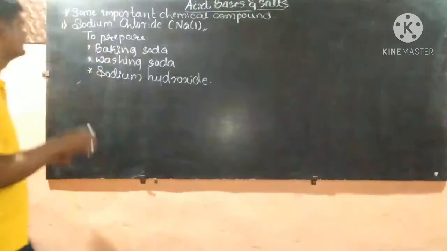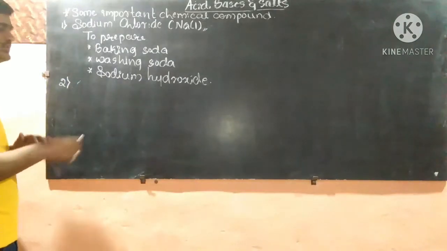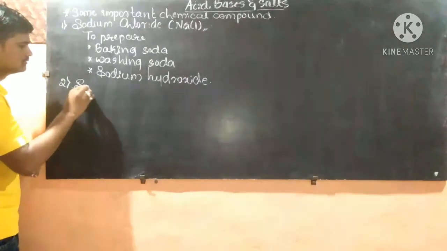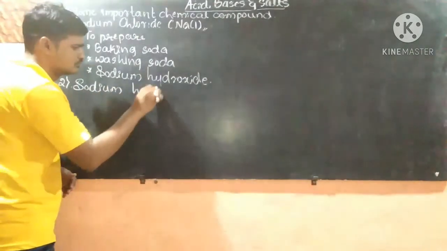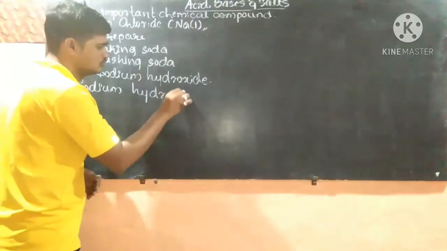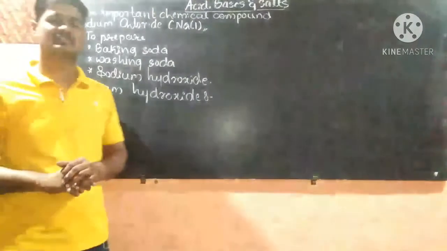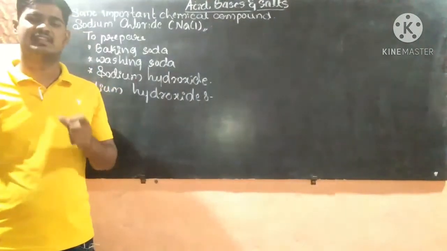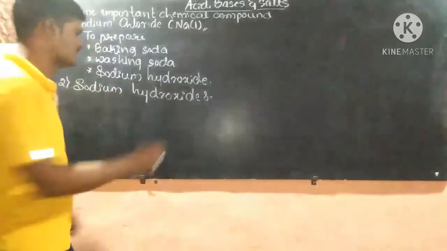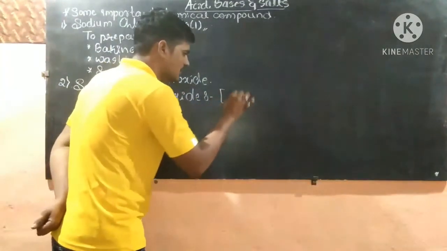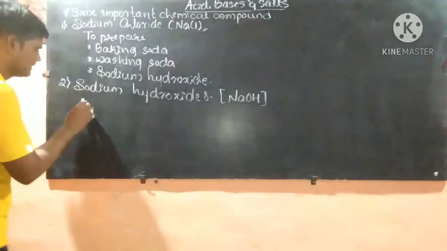And the next one is the second important chemical compound, that is sodium hydroxide. This preparation of sodium hydroxide we will study by taking the chemical reaction involved in its preparation. The chemical formula for sodium hydroxide is NaOH. Okay.